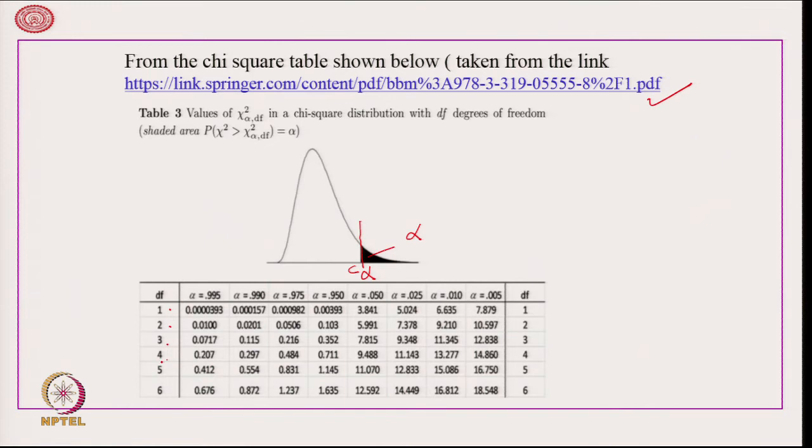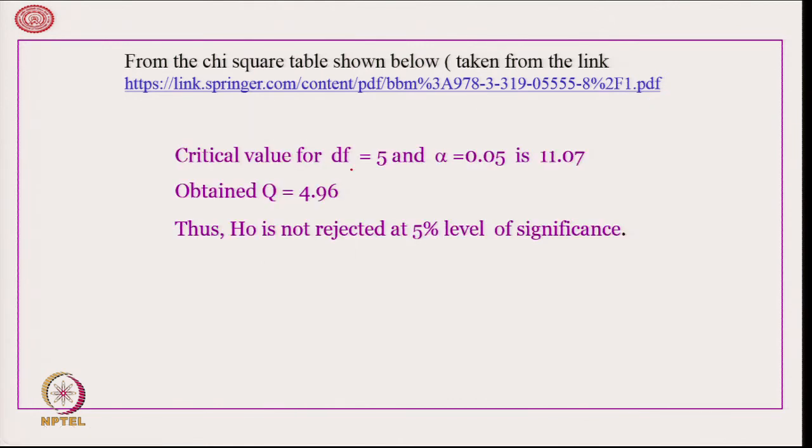So, these C alpha values are tabulated here. We have chi-square with 5 degrees of freedom. We are looking at alpha is equal to 0.05 and the C alpha value is given as 11.07. Therefore, what I am writing here is that the degrees of freedom is 5, alpha is equal to 0.05, the critical value is 11.07.